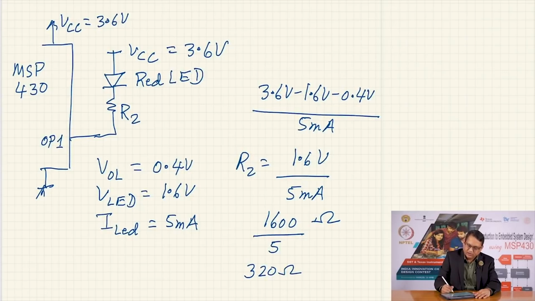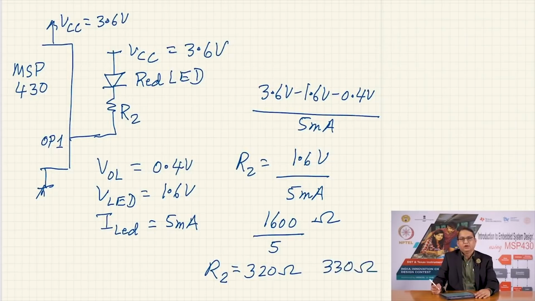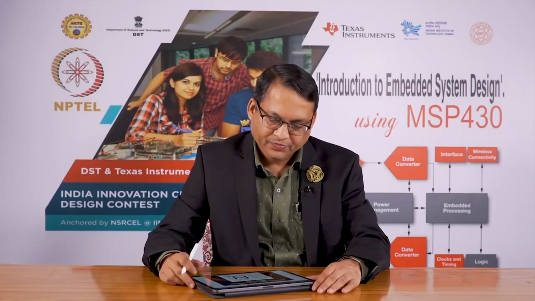You can use a standard value of 330 ohms for allowing about 5 milliamperes of current through this configuration. Now, what if you wanted to increase the current through the LED in either of these configurations, whether low side or high side? Let us see that.